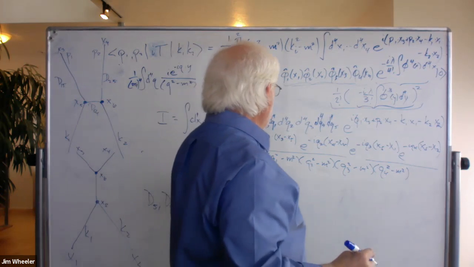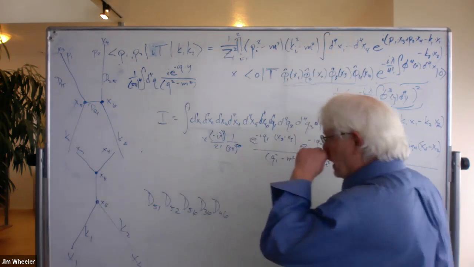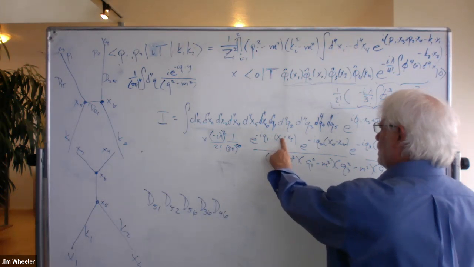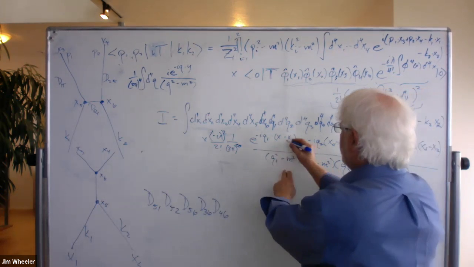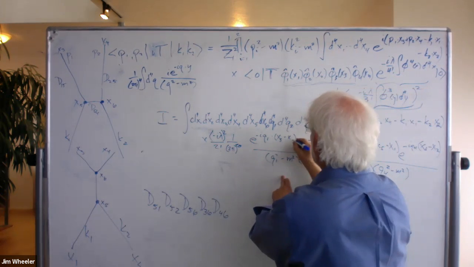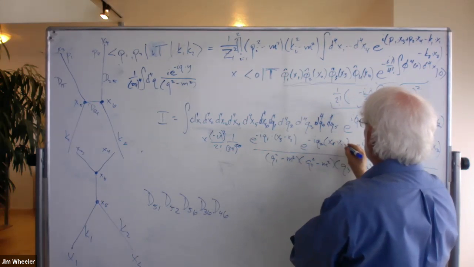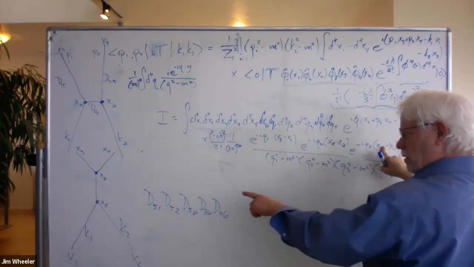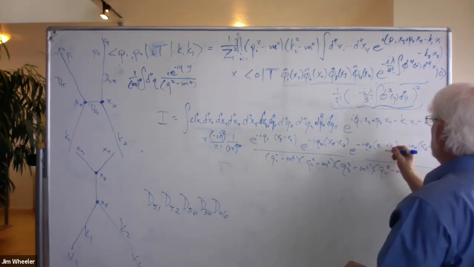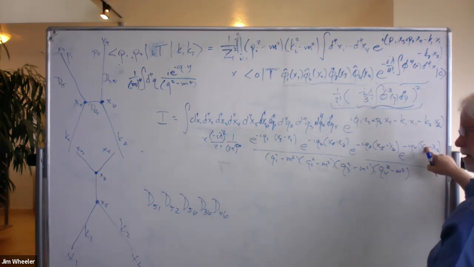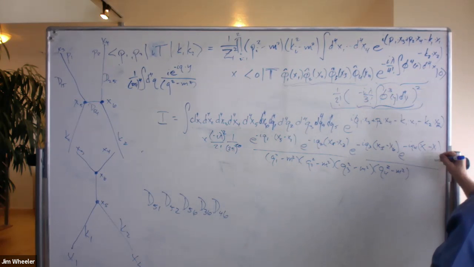Okay, and then propagators. We need a 5,1. We need a 5,2. We need a 5,6. We need a 3,6.